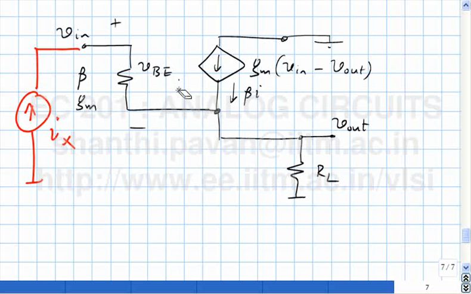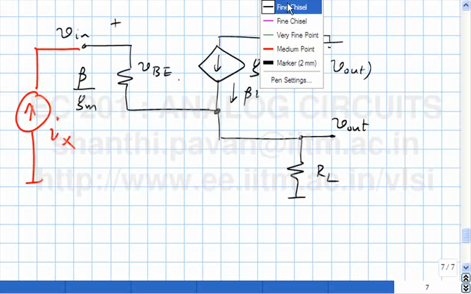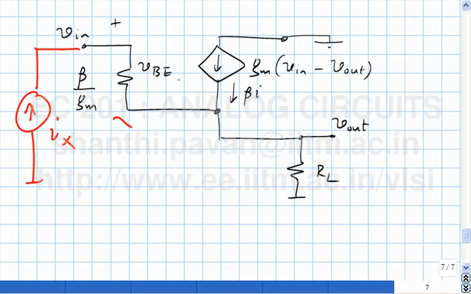If Ix flows here, the same I must flow like this. If this is Ix, what is this current? Beta Ix. Okay, so what is this current? By Kirchhoff's current law, it must be beta plus 1 times Ix. Is that clear?